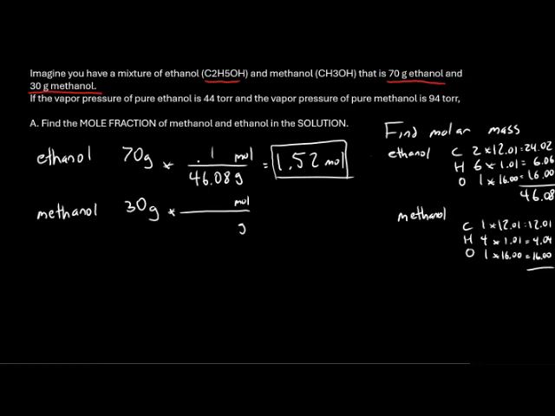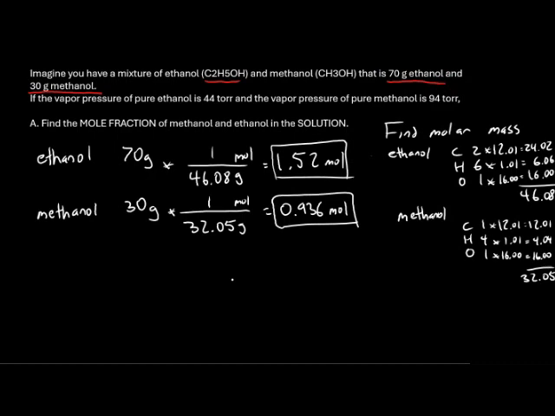Once again, add together all the masses to get the total molar mass. We'll get 32.05. Place that number next to grams for methanol. Place a 1 next to moles, and once again we divide. We'll get 0.936 moles for methanol.